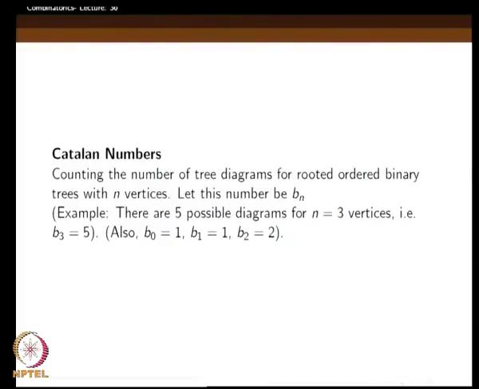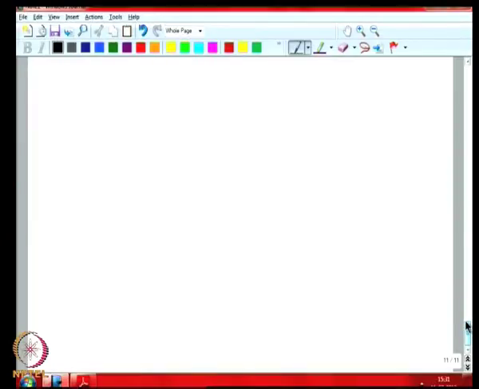Now, let's take some typical problems where Catalan numbers happen to be the answer. Let's look at this one. Count the number of tree diagrams for rooted ordered binary trees with n vertices. Okay, this is not very common, therefore I will try to explain.